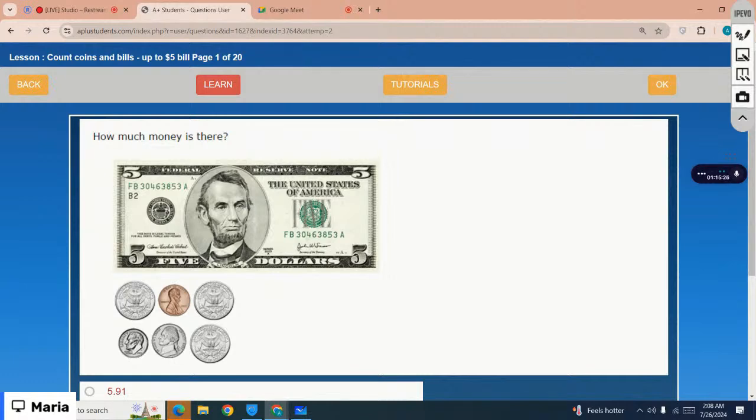That is exactly the same, so that is 5.91. The correct option is 5.91. Let's move on to the next one.